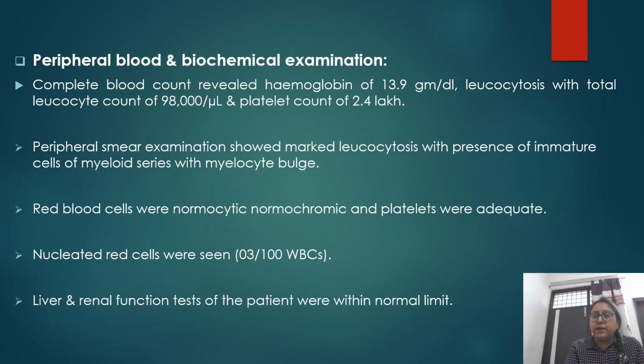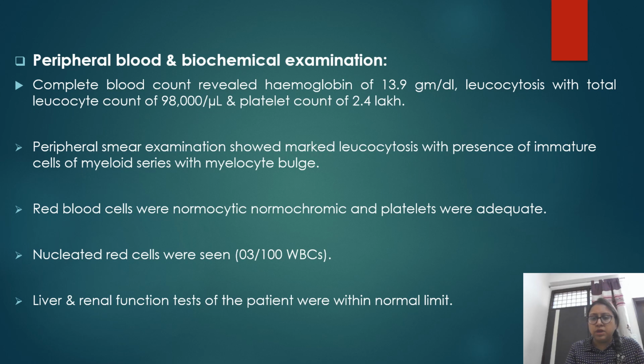So we will not end here that we have made a diagnosis of EMH, but we need to find the clue why EMH is there in the thyroid when it is not normal to find EMH in the thyroid. So we further investigated the patient with peripheral blood, we got a CBC done, and hemoglobin was 13.9, but the 45-year-old female had marked leukocytosis, leukocyte count being 98,000 per microliter.